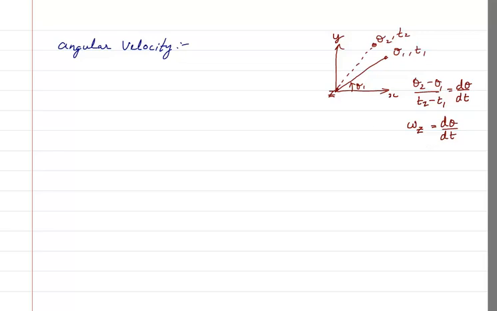So the z is the axis about which this is rotating. If we have an axis like this and a rotation about this axis, then if this direction is x, we will call the angular velocity here omega x. If this is y, we will call it omega y, and if it is the z direction, we will call it omega z. So what happens in 3 dimensions?